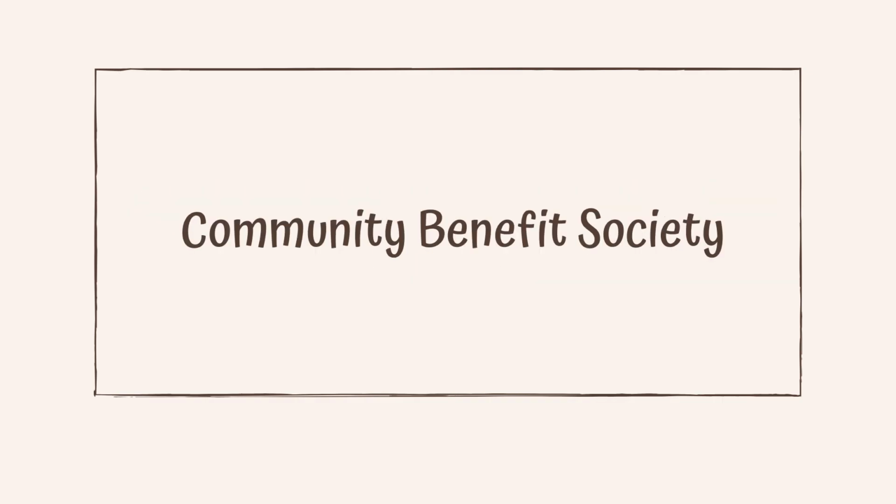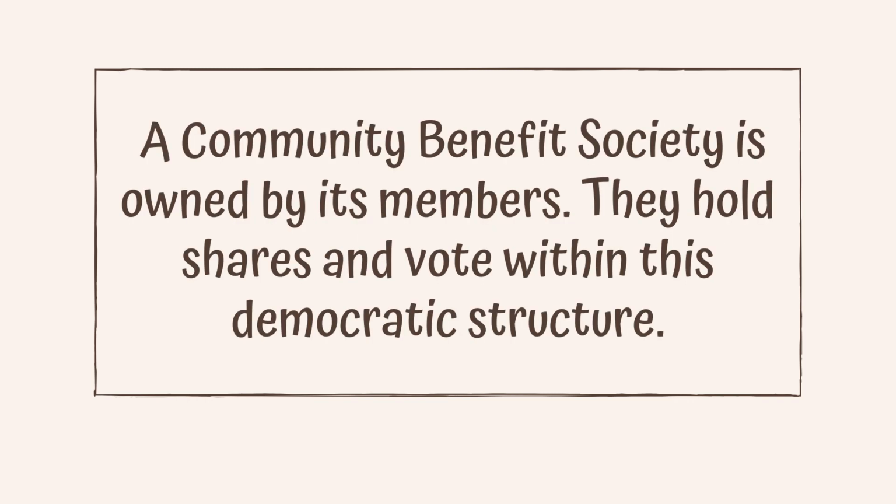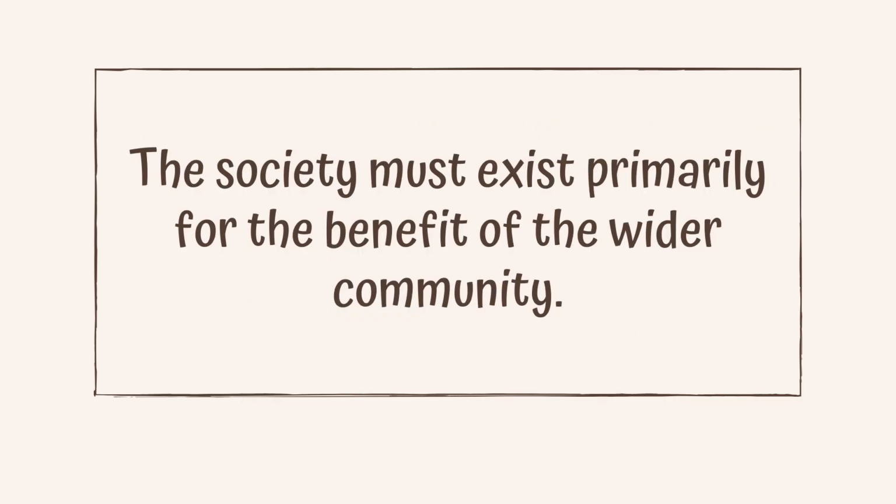Community Benefit Society. A community benefit society is owned by its members. They hold shares and they vote within this democratic structure. The society must exist primarily for the benefit of the wider community. Profits must also be used to benefit that community. If it wants to have not-for-profit status, a community benefit society must apply for a statutory asset lock similar to a CIC.